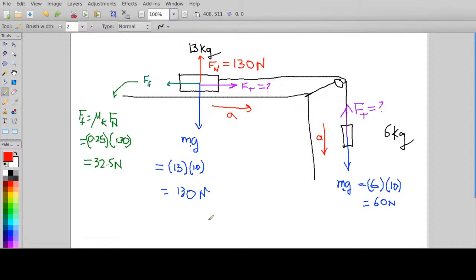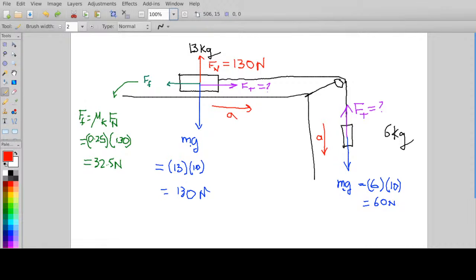Your net force for this one is going to be FT minus FF. The Fn and the mg are out of the picture because they cancel one another. The one that wins is FT, because FT has to be bigger than FF. If FF were bigger, the acceleration would be that way. Because FT is bigger, the acceleration is this way.